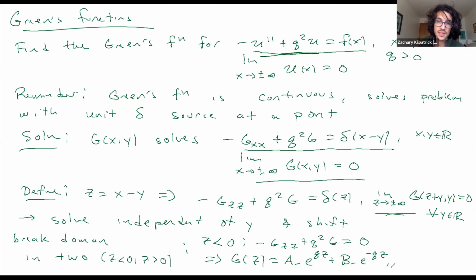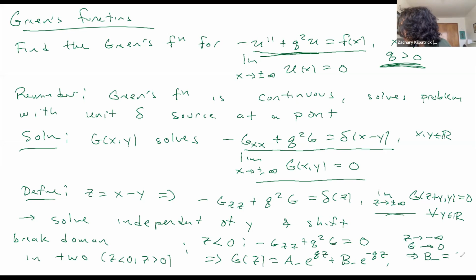We need boundedness as z goes to negative infinity. Yes, so we need to rid ourselves of the negative exponential, because remember, q is greater than 0. So basically, as z goes to minus infinity, we want g to go to 0. So this implies that b minus is equal to 0, okay?